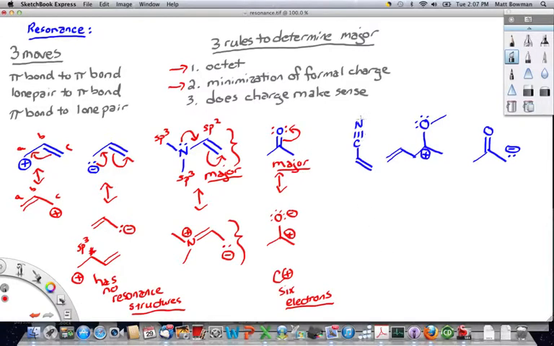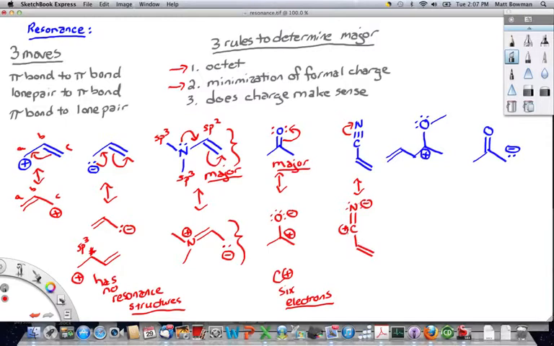Let's take a look at this molecule right here. What we can do is draw resonance structures. Again, we have a pi bond to a nitrogen. So we can move that onto that nitrogen. Double bond nitrogen. So we get a negative charge on this nitrogen, a positive charge on this carbon. Molecules aren't limited to one resonance structure. There can be multiple resonance structures.